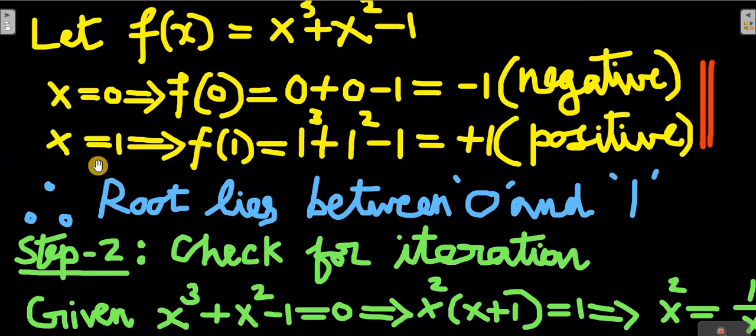Now put x equals 1. When we put x equals 1, the value of f is 1 cubed plus 1 squared minus 1 equals 1 plus 1 minus 1, which is 1. This is a positive value. So f is negative at 0 and positive at 1.